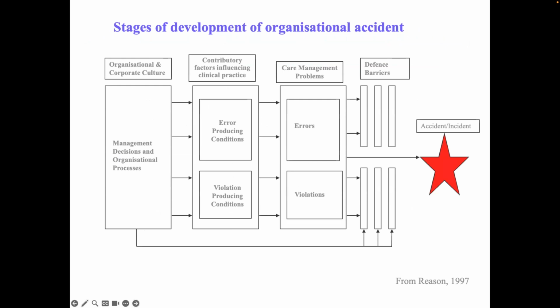So on the right-hand side, you have the accident, the incident in healthcare, the plane crash, the runway accident, or whatever it might be. And behind that, we won't perhaps talk about defenses at the moment. As Jim says, there's the immediate errors or problems, violations of procedures sometimes that are the immediate causes of the accident, you might say.